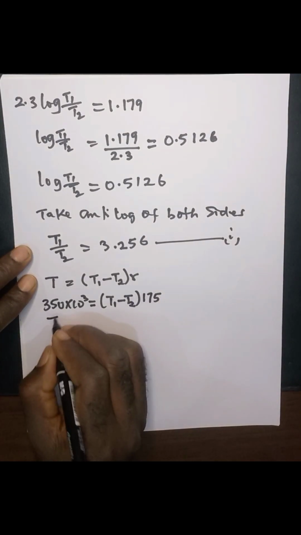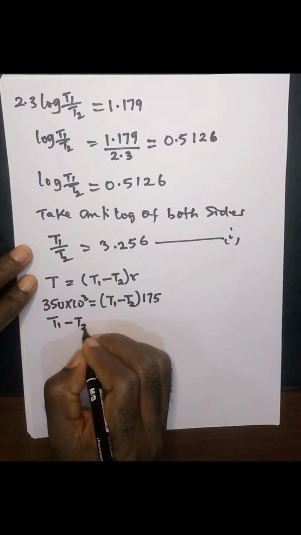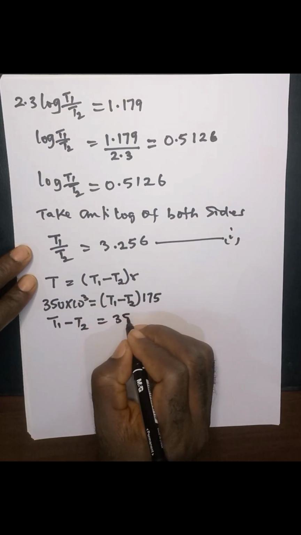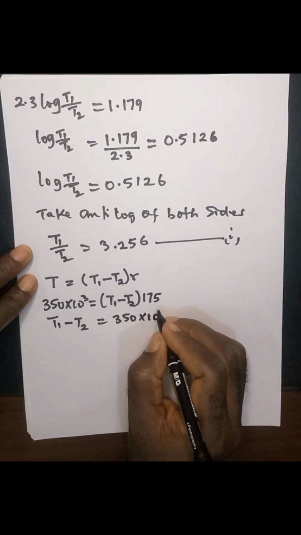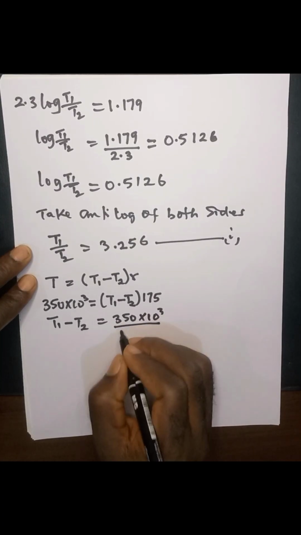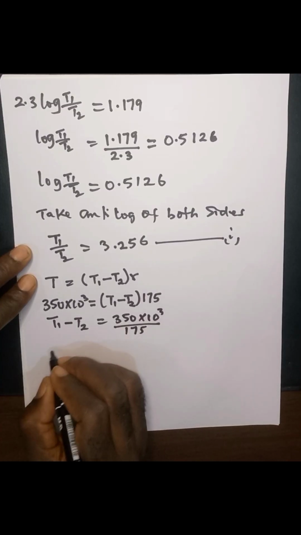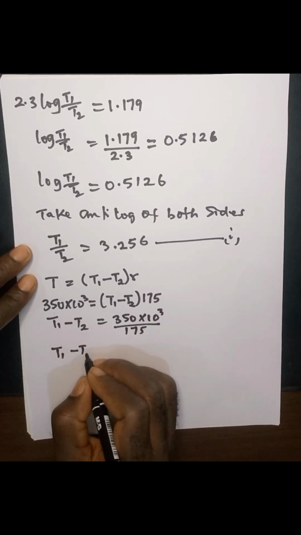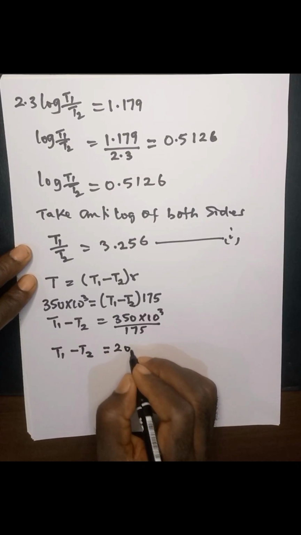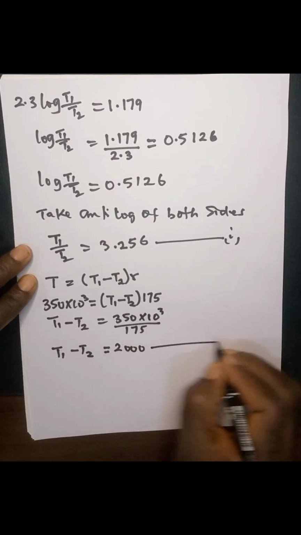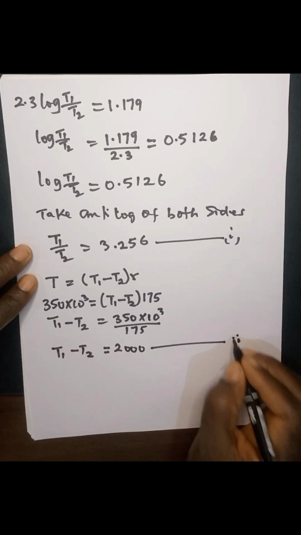Then from here, we have T1 minus T2 is equal to 350 times 10 raised to power 3 divided by 175. We have T1 minus T2 is equal to 2000. So let's call this one equation 2.